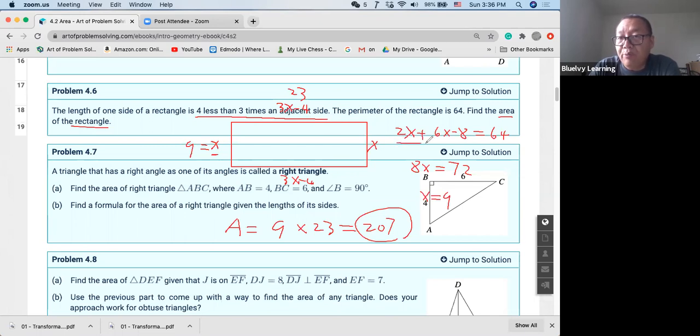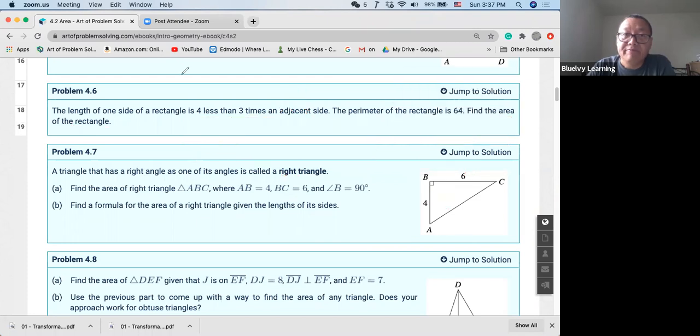Then you represent the perimeter in terms of x. You got this equation, solve x, you got x equals 9. Then the length will equal 23. So 9 times 23, you got 207.